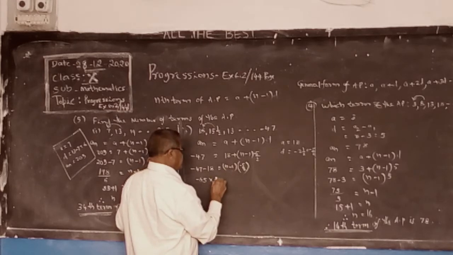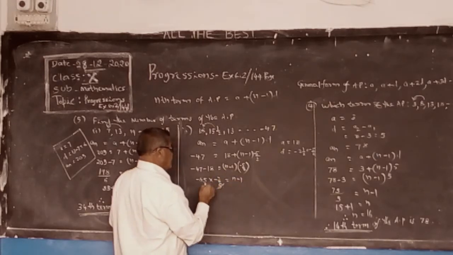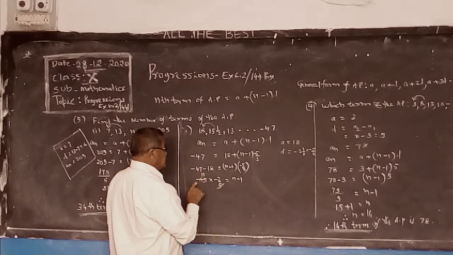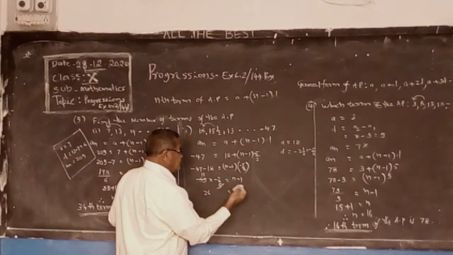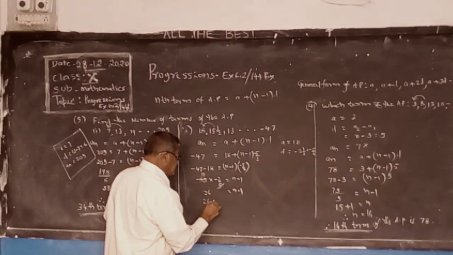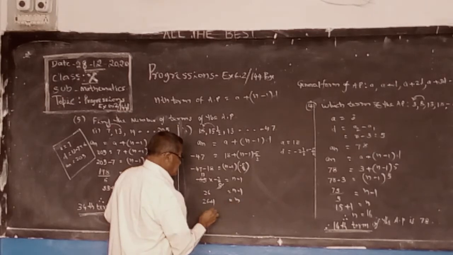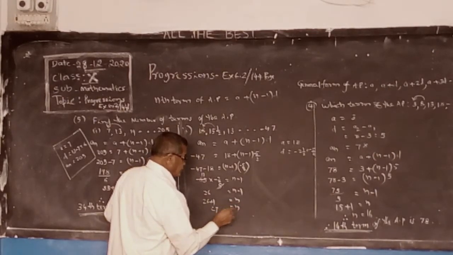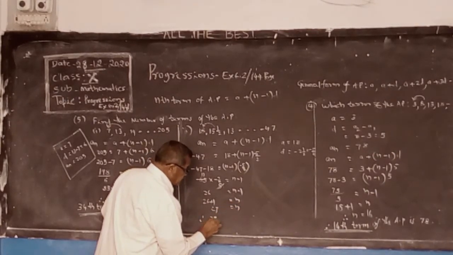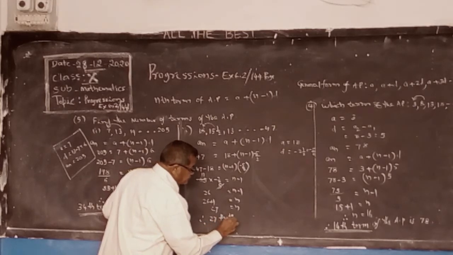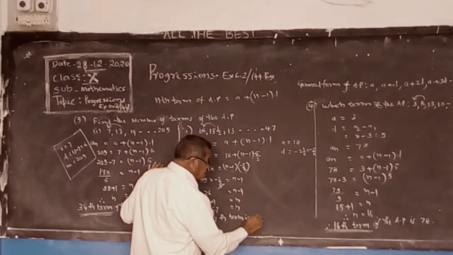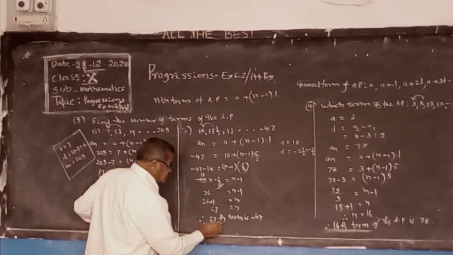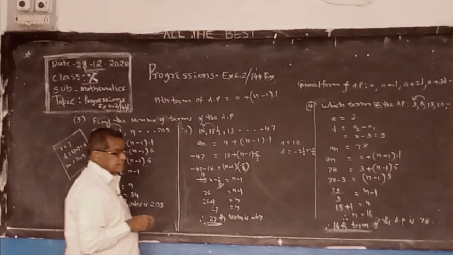Multiplying, it becomes minus 2 by 5 times minus 65 is equal to n minus 1. 5 thirteens are 65, 13 times 2 is 26, so 26 is equal to n minus 1. Minus 1 will come this side as plus, so 27 is equal to n. Therefore, the 27th term is minus 47. There are 27 terms in this.